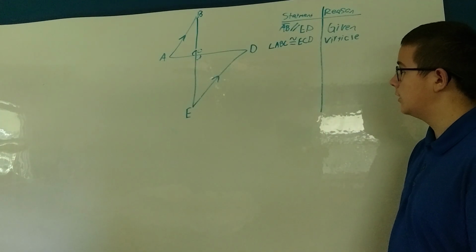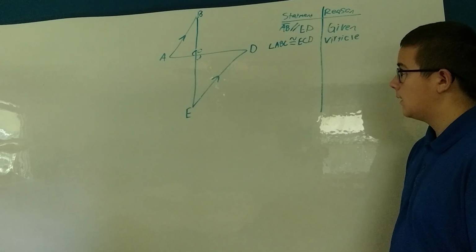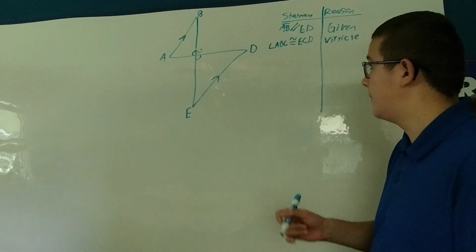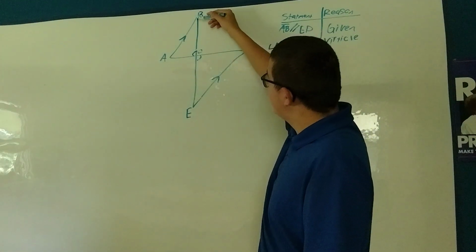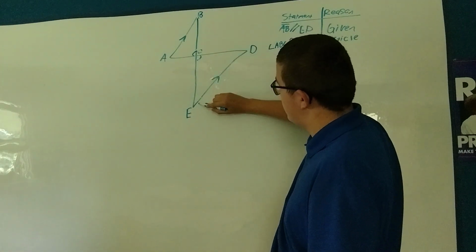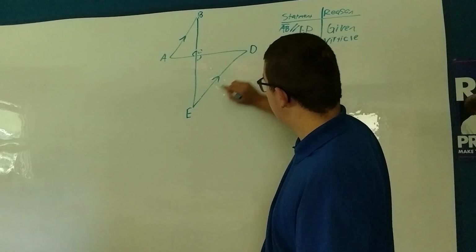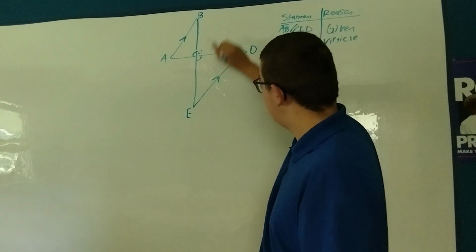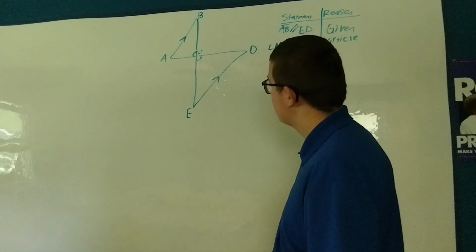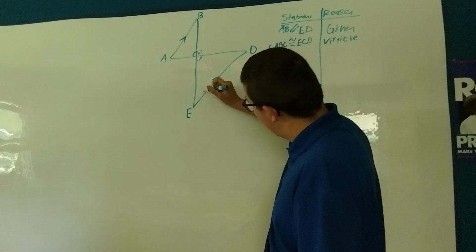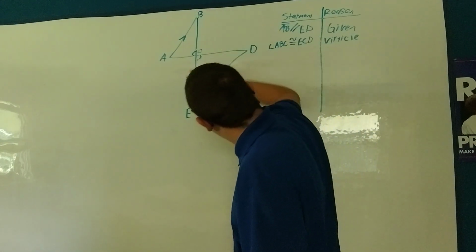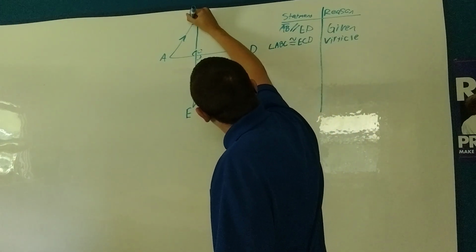Next, again with this parallel line cut by a transversal here, we could have alternate interior angles with CED and EDA, right? So we can say that this angle here is congruent to this angle.